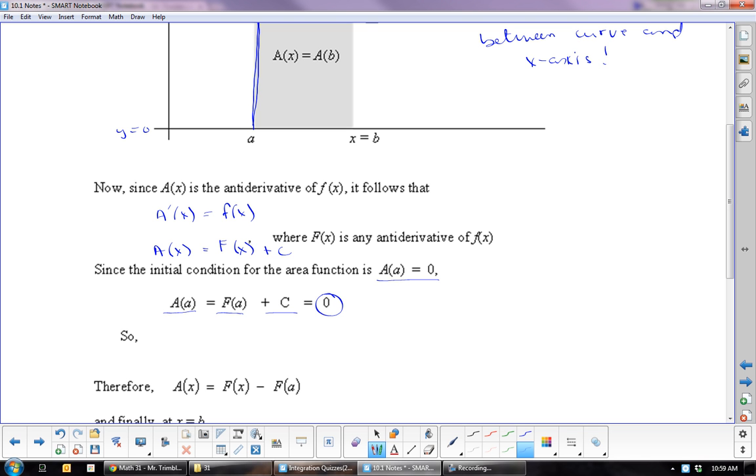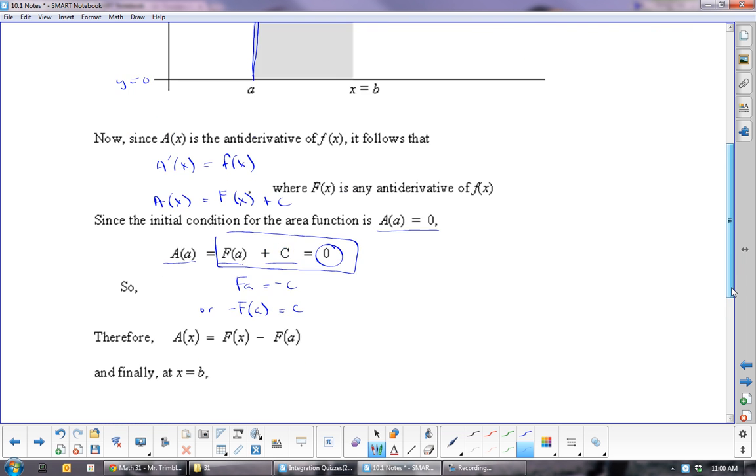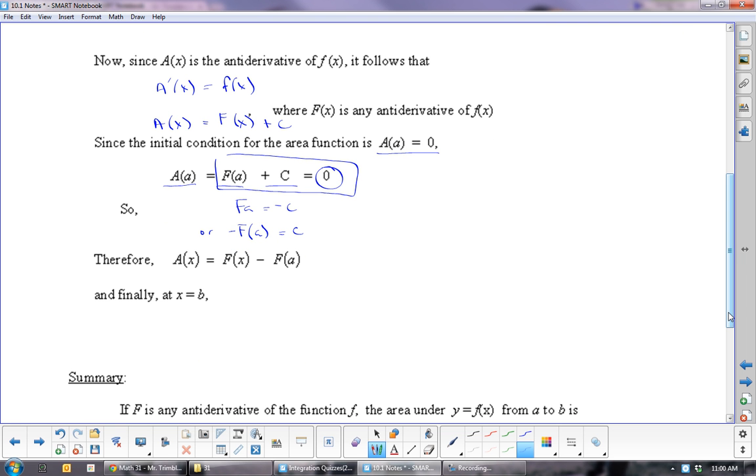Okay, and then you can just do a little algebra here. So that means capital F of A plus c equals 0, so c equals negative F of A. So the area at x is always the antiderivative of f at x minus the antiderivative of f at a.